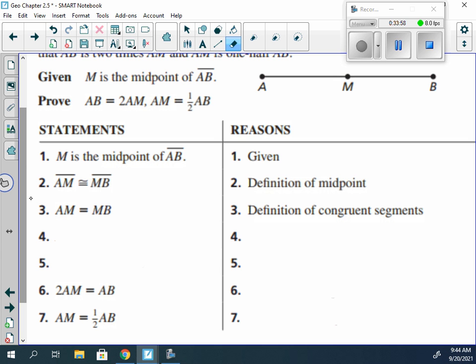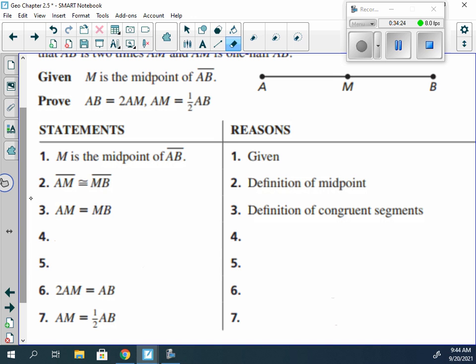Because really, if we're going to talk about this, and we have an equation, because they told us AB equals 2AM, yes? I'm going to have to talk about their actual measures. Because if we're just talking about the line segments being congruent, I don't need the measures. But because they say 2AM equals AB, I've got to bring it all the way down to the actual measure.